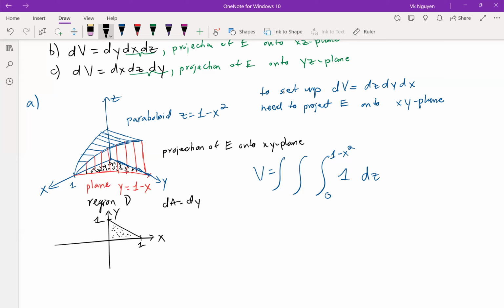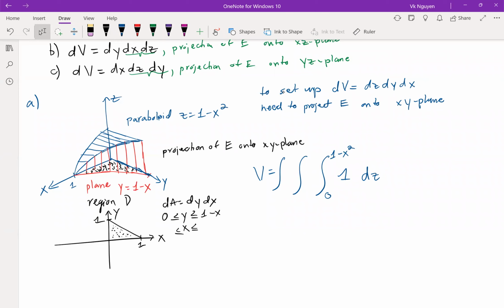dA is dy dx. As you can see, y goes from 0 up to the line, and the line here is 1 minus x, so 0 to 1 minus x.